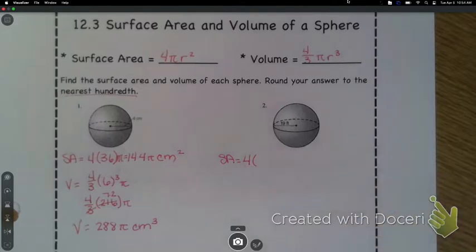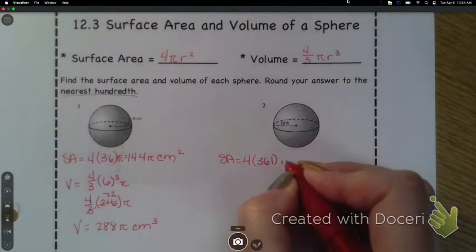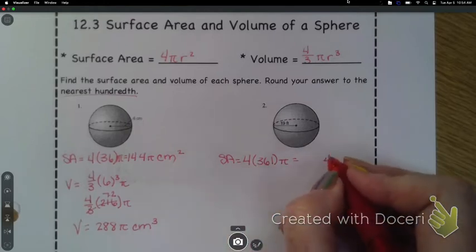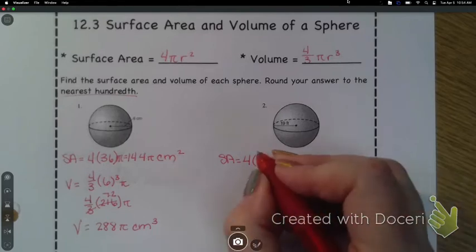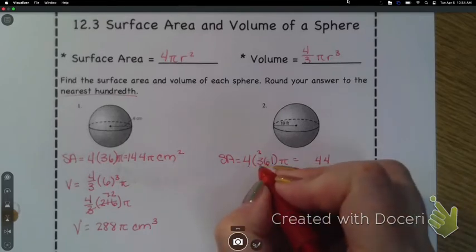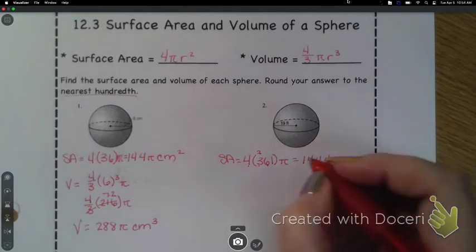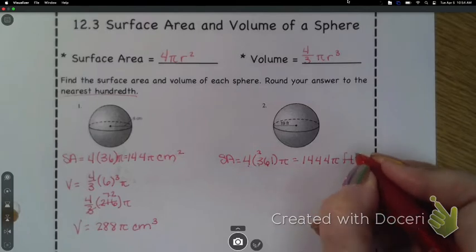It's 361, Brian. 361 pi. Yeah, Brian. 4 times 1 is 4. 4 times 6 is 24, so carry a 2. And 12 plus 2 is 14. So 1,444 pi feet squared.